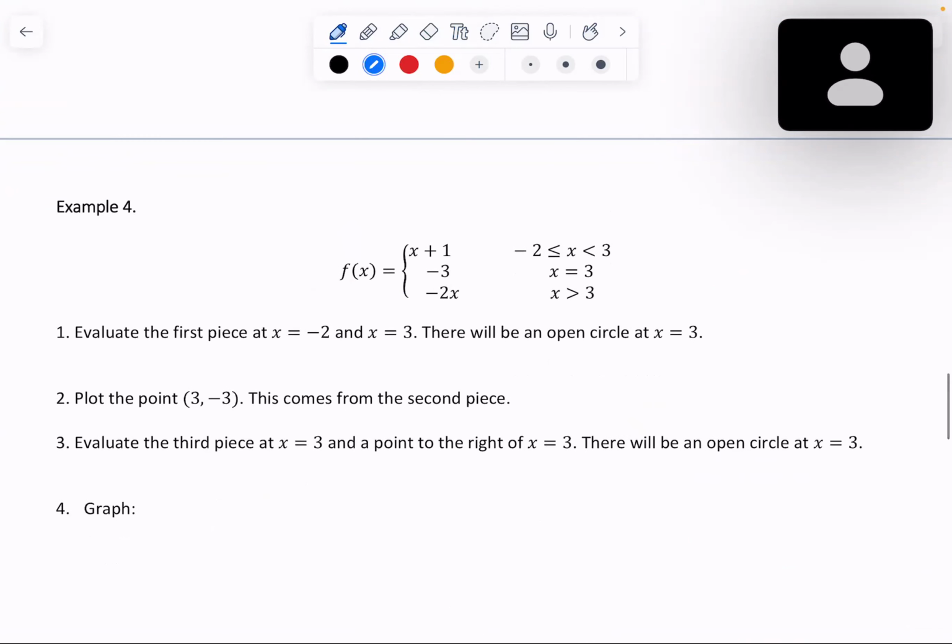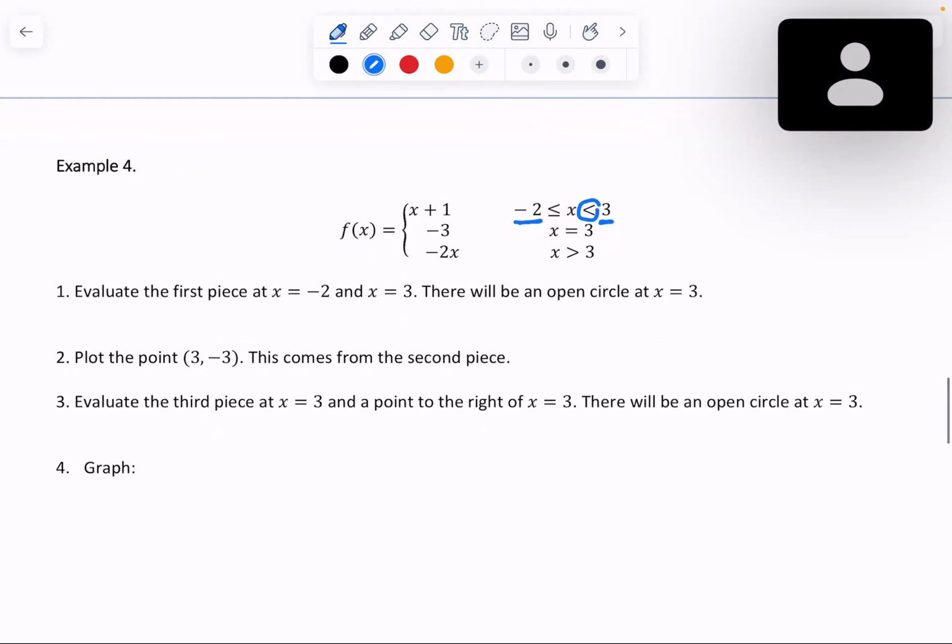So what it does is it evaluates it at these endpoints, right? Here's the lower endpoint, -2. Here's the upper endpoint of 3. And it says there will be an open circle at x equals 3 because this inequality right here is strictly less than 3. Not less than or equal to 3, but less than 3. That's why there's an open circle.